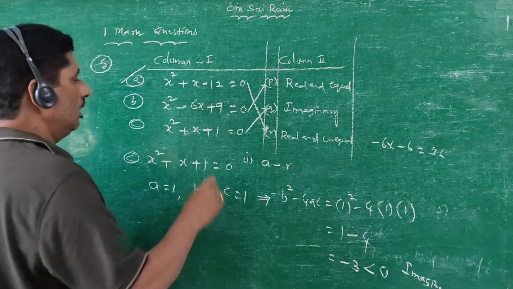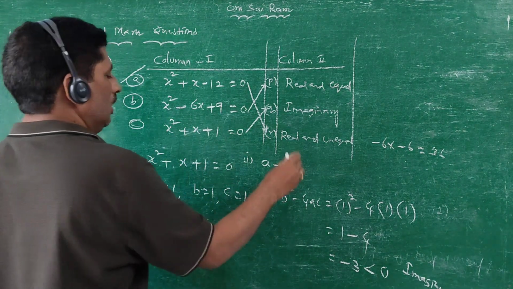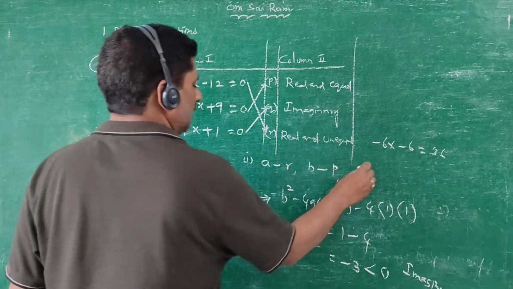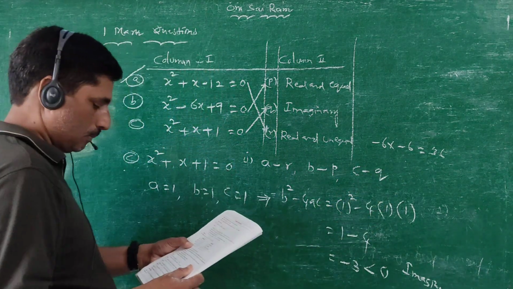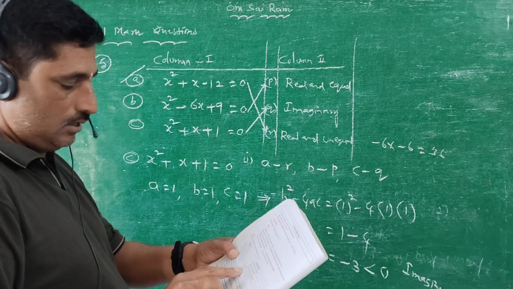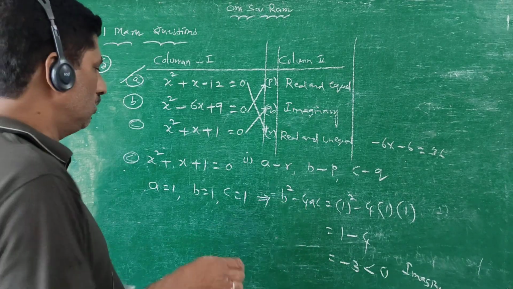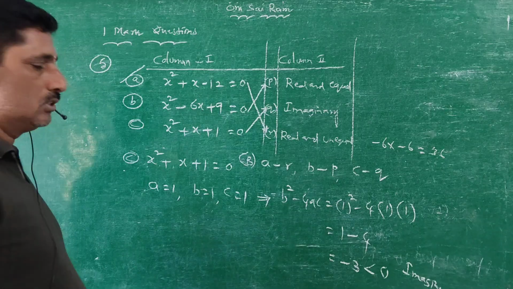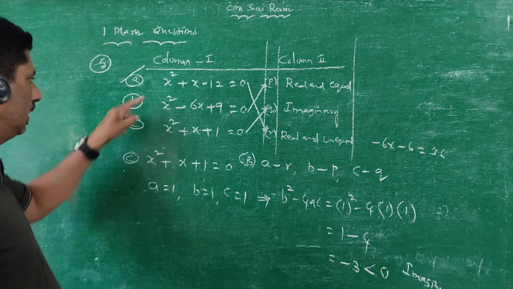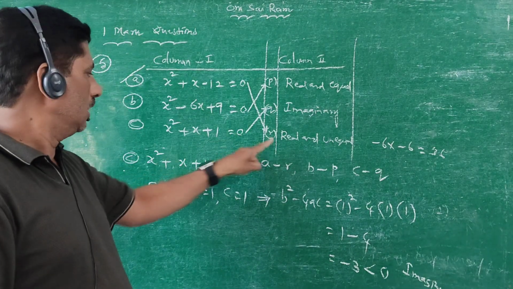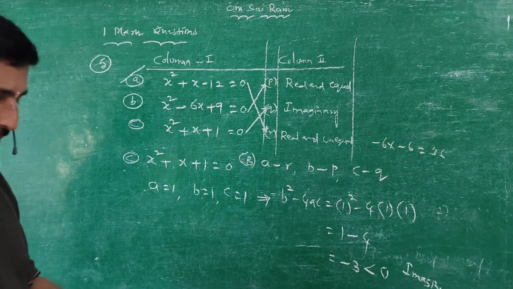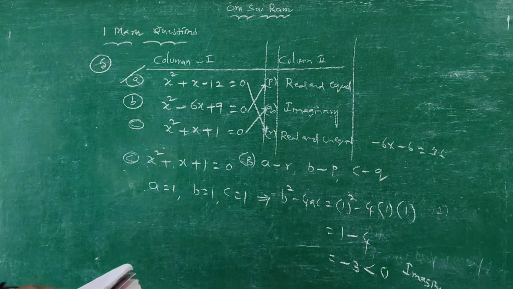A to R, next B to P and C to Q. So option B is the correct option. They gave some options here. So option B is the correct option: A with R, B with P and C with Q. Okay, this type of questions they will ask.